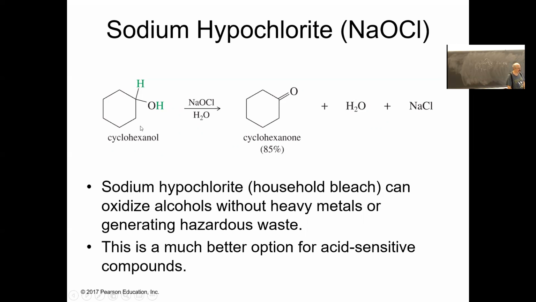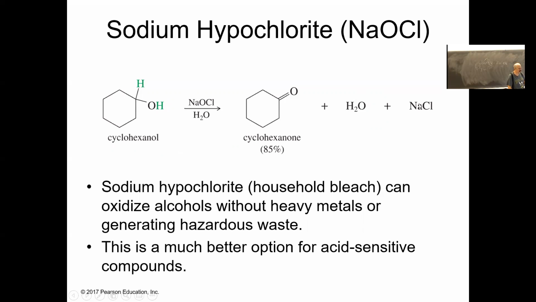Okay, and for example, cyclohexanol, which is a secondary alcohol, is converted to cyclohexanone. And in the laboratory, besides water, we typically use acetic acid as the solvent. Okay, and then the cyclohexanone is removed by extraction.